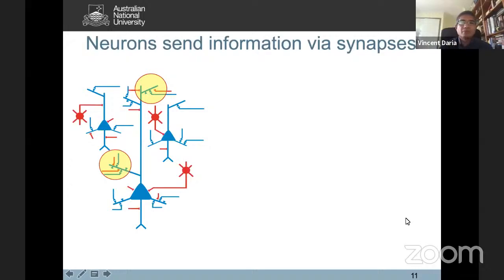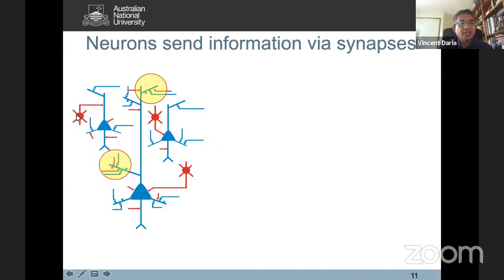I mentioned most of you are probably physicists, so let me give you some ideas. Each of these neurons in our brain sends information to other neurons using synapses. Like this one here is a synapse from another neuron. This neuron here could synapse into this neuron here.